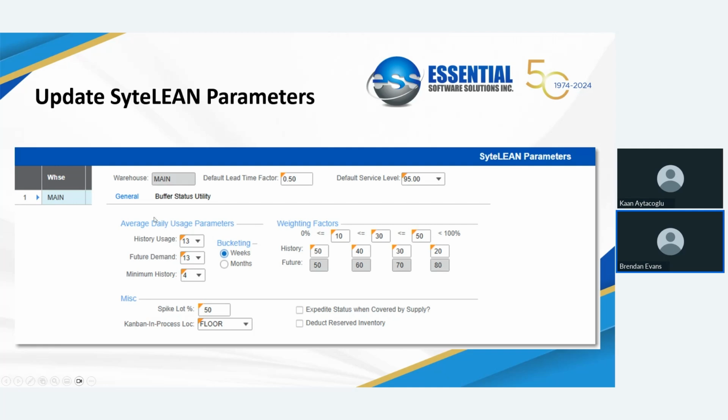So the default lead time factor is a value between 0 and 1 that you set, and this is an industry standard setting. 1 means that you've got very short lead times, meaning multiply by 1, there's no impact to your buffer calculations or replenishment calculations. 0.4 to 0.6, if I remember correctly, is considered a moderate lead time.